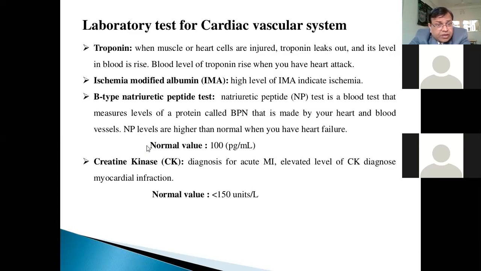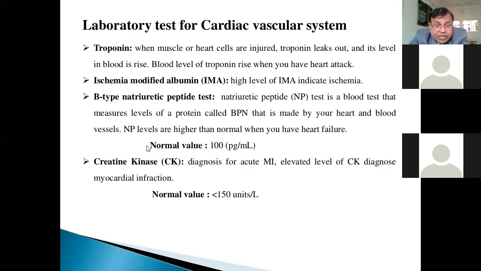Now, the B-type natriuretic peptide test. The natriuretic peptide (NP) test is a blood test that measures the level of a protein called BNP, B-type natriuretic protein, that is made by your heart and blood vessels.